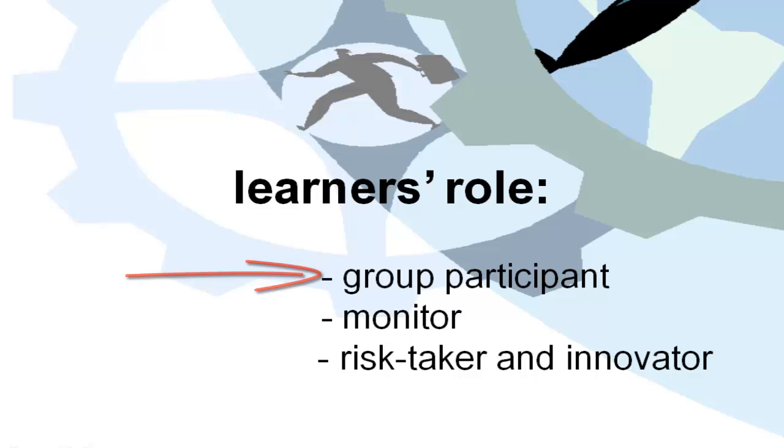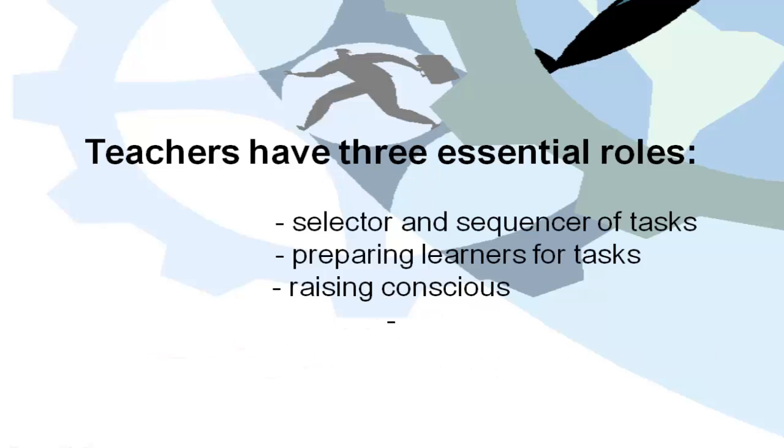A monitor: when you engage students in a particular task, there is a group supposed to work together, so sometimes one student might be a monitor who takes care of the whole group. A risk taker and innovator: this simply means that the student has to make use of the language and take the risk of producing the language.